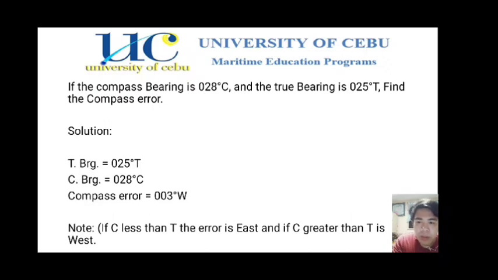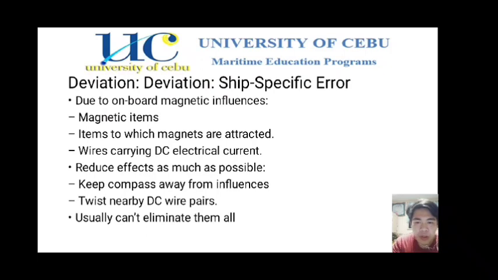So the compass error is equal to 003 degrees west. Note, if C is less than T, the error is east, and if C is greater than T, it is west.